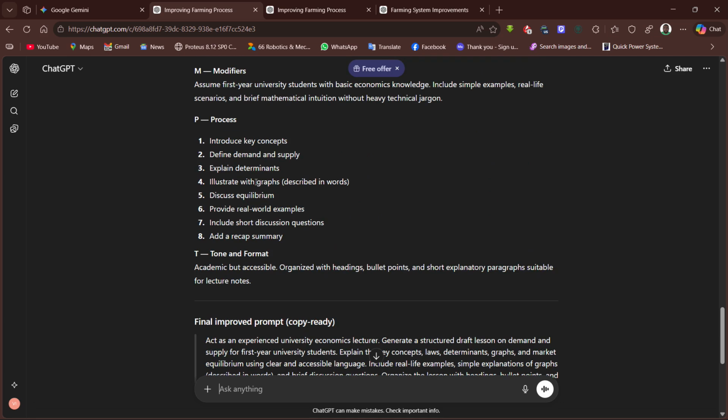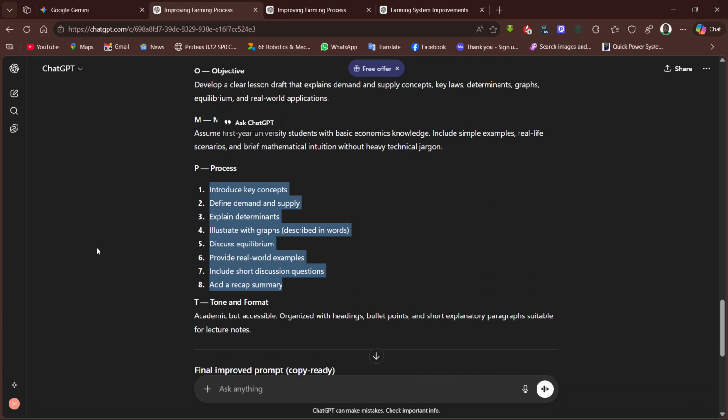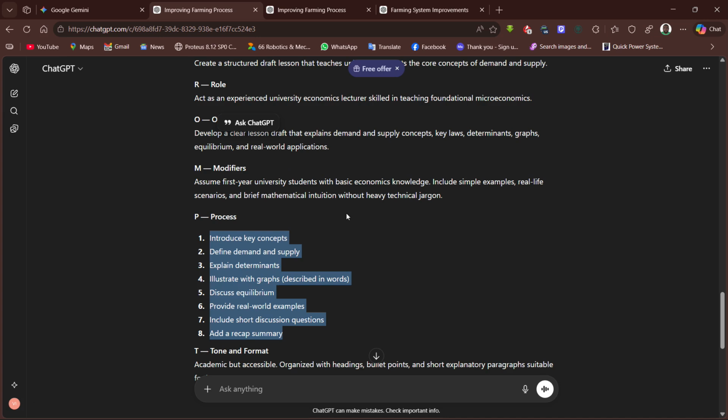But definitely you could come here, look at the process, you could copy the process, right? And then you could come to the modifiers. The process is okay, but you can come to the modifiers and maybe change a thing or two. For example, in the modifiers you can say, instead of it being a first-year student, maybe it's a master's student in the first year.